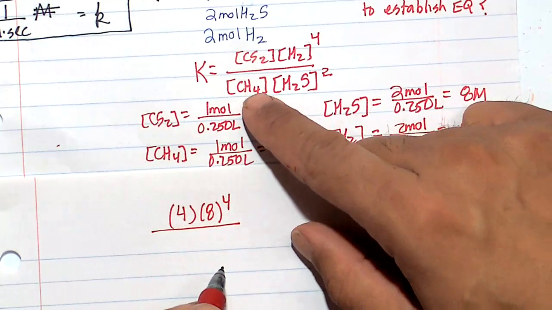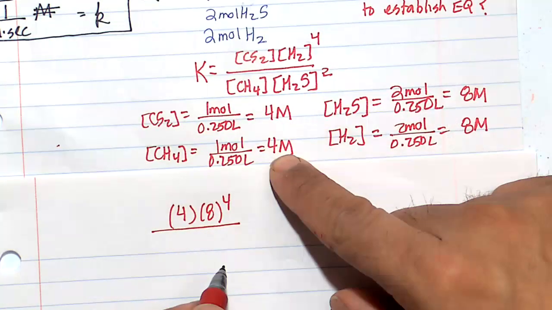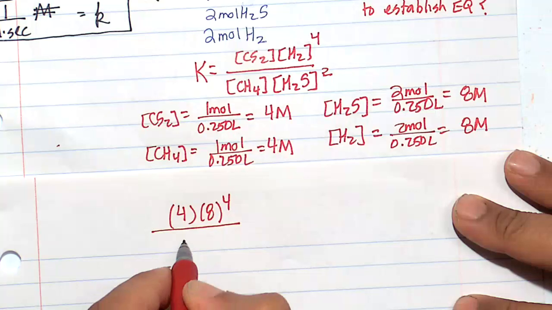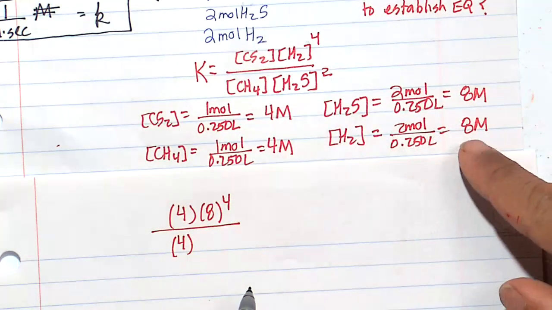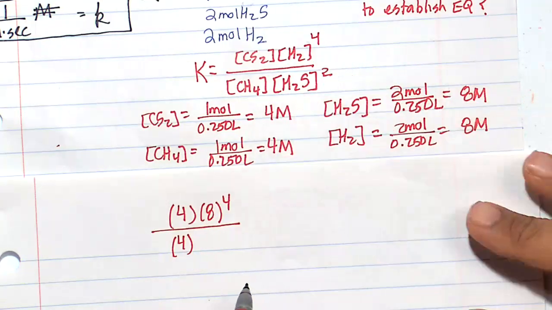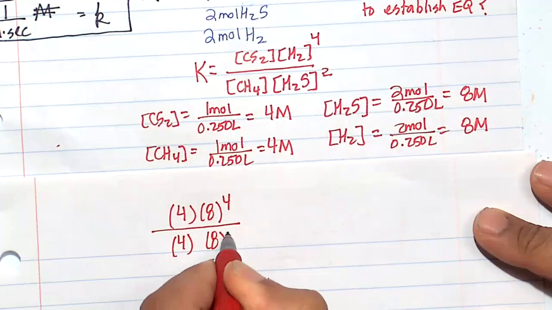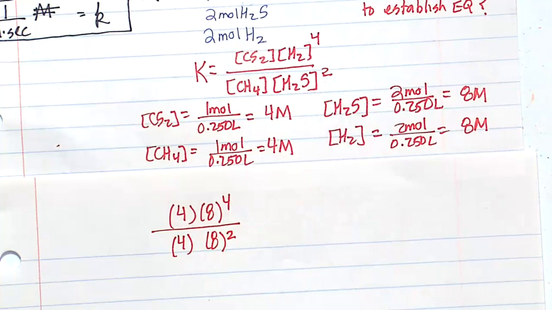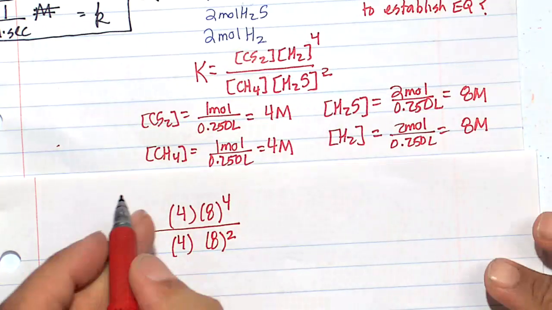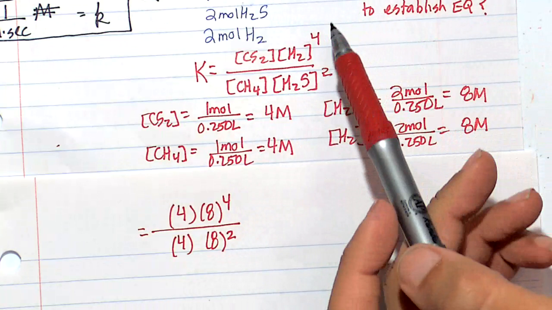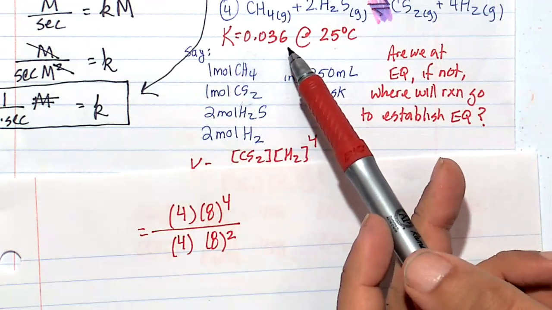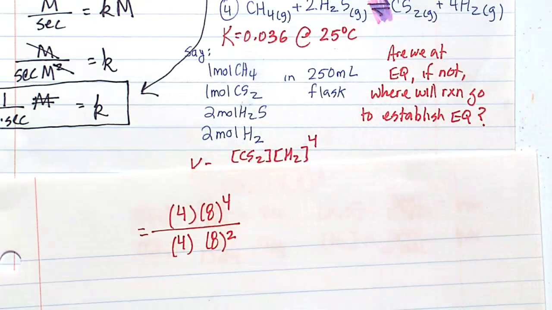Divided by CH4, the concentration of CH4 is 4, and the concentration of H2S is 8, so that has to be 8 squared. So that has to equal K, right? They give you in the problem that K is equal to 0.036.